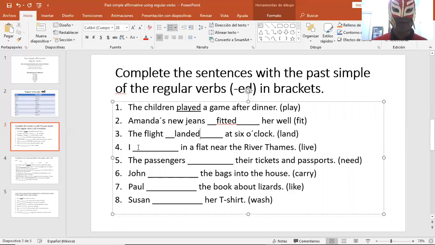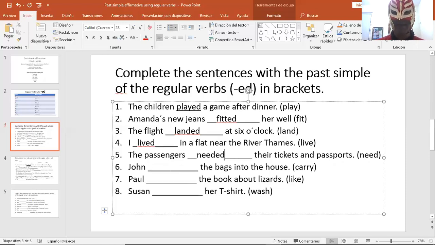Number four, live. Okay, so I lived in a flat near the river Thames. Live is a regular verb, so we have to use -ed to take live into past. Number five, the passengers, and the verb in brackets is need.